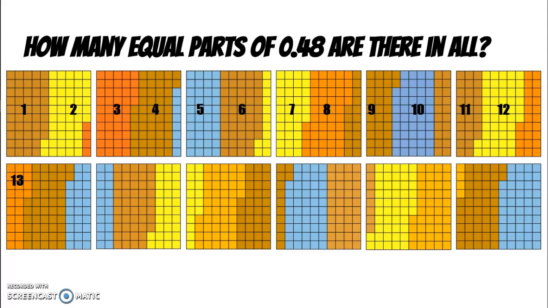So that's 13, 14, 15, 16, 17, 18, 19, 20, 21, 22, 23, 24, and 25.